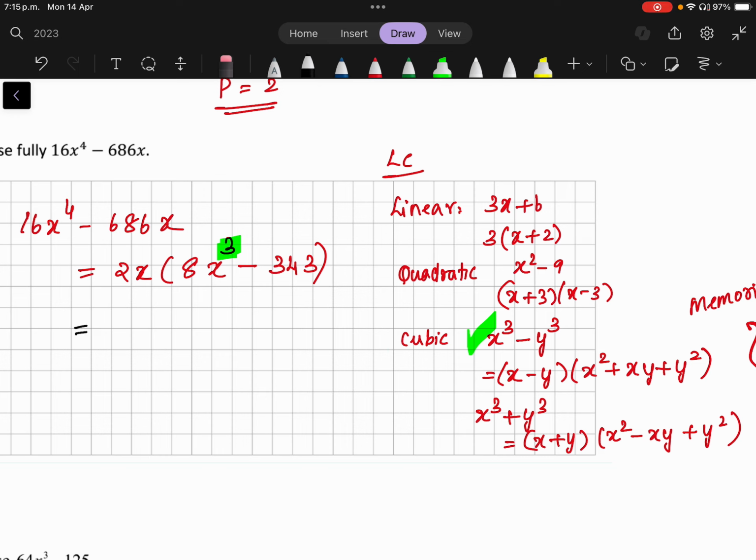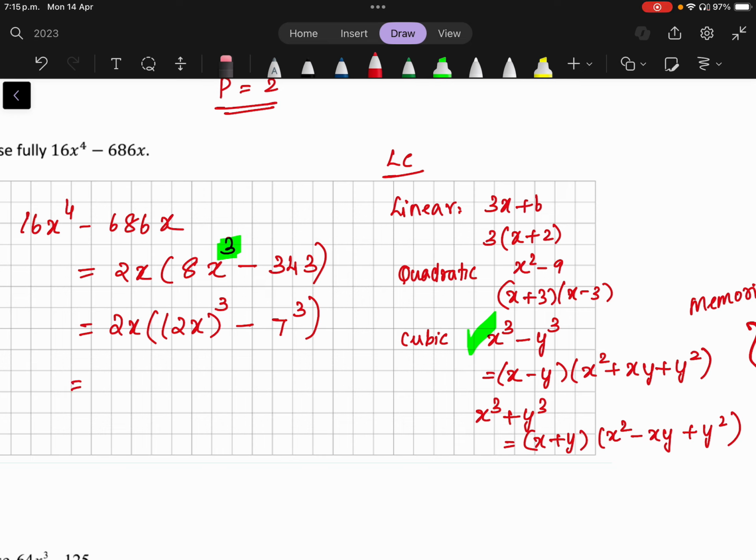So that will be 2x times, so I will write it, before simplifying, I will write 2x to the power of 3, and 343 can be written as 7 cube. So this also you will have to have an understanding of what cube it is, or if you have the calculator, you just put a cube root of 343 and you will get this answer.